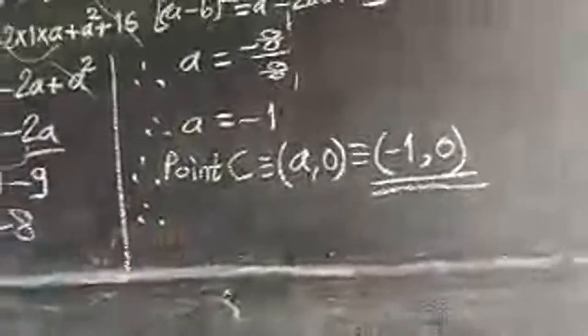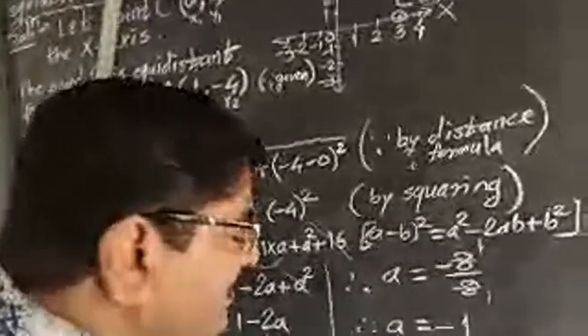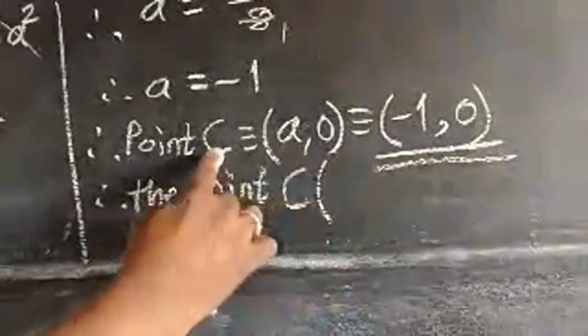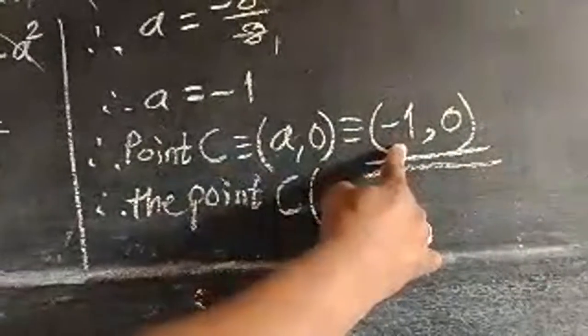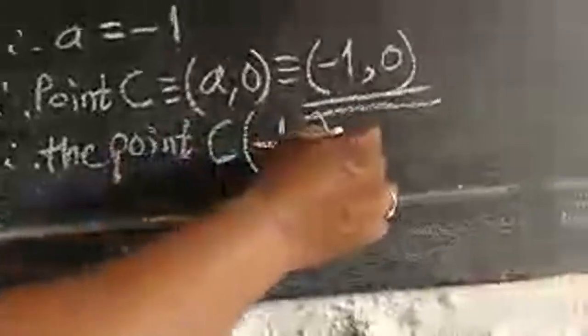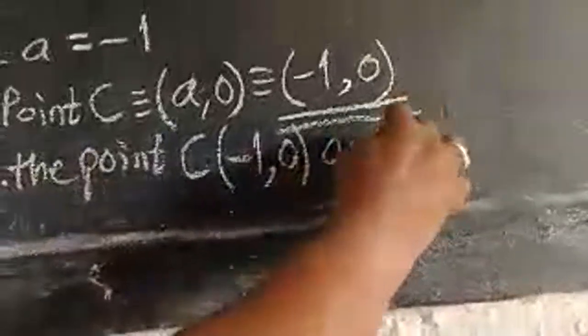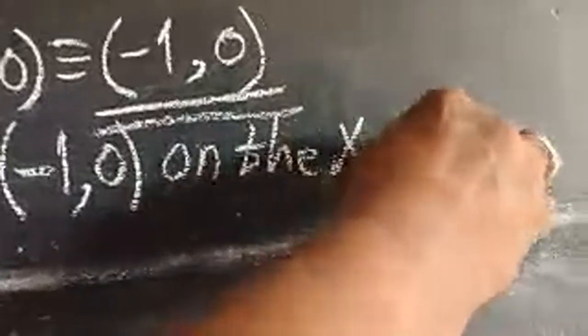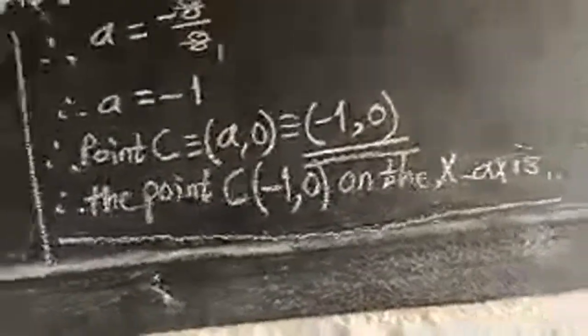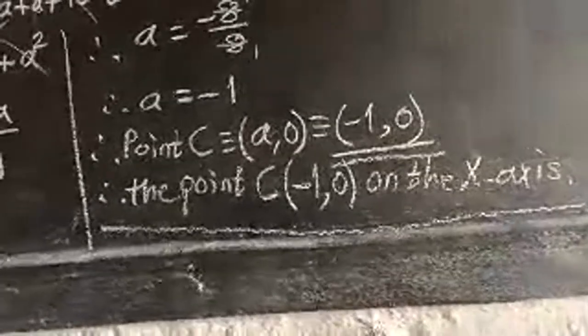Therefore, the name of that point is C and the coordinates are -1, 0. The point C (-1, 0) is on the x axis, and that is what the question asks. Is there any difficulty?